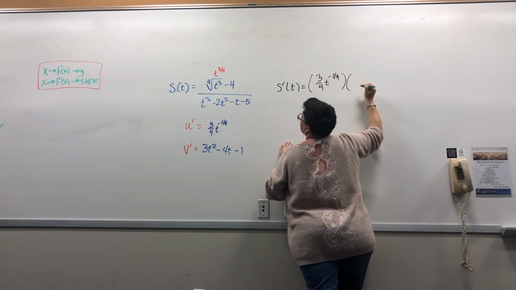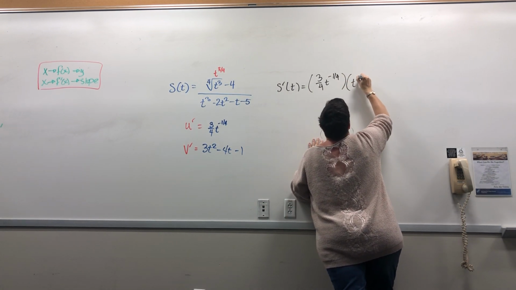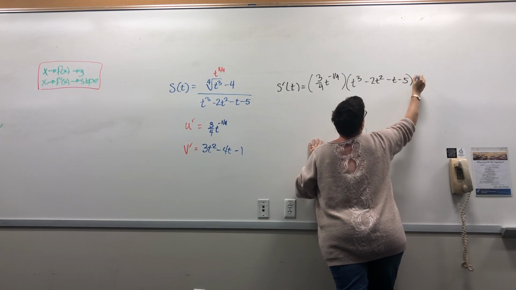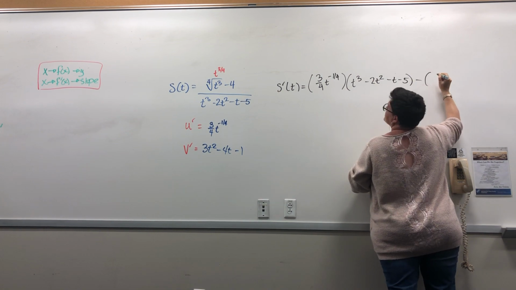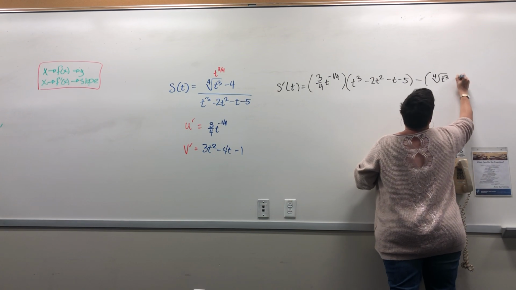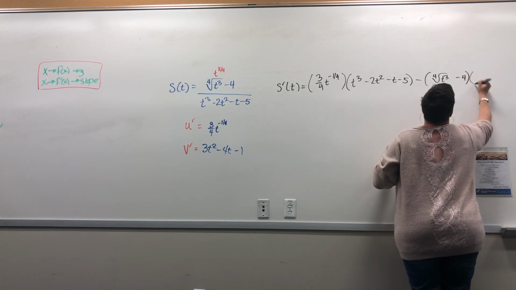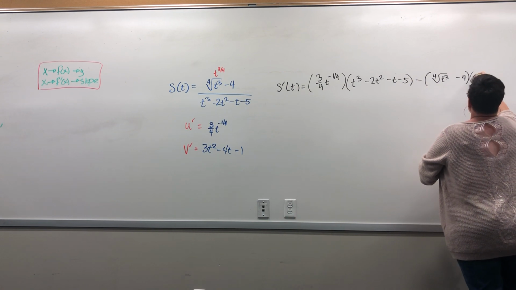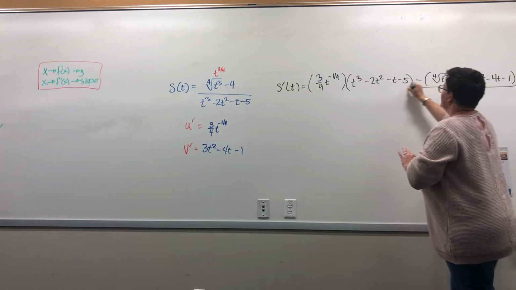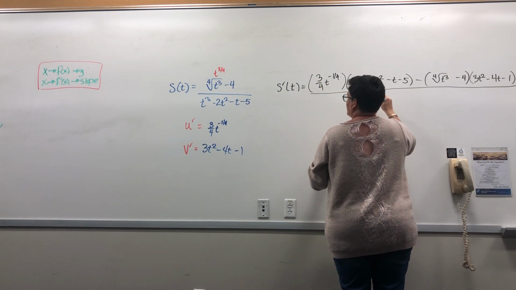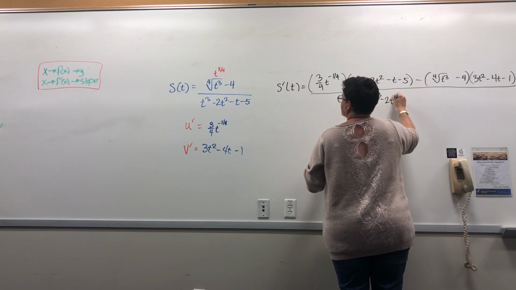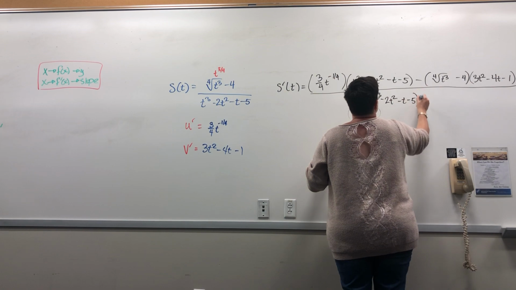That's my u prime times v, which is t cubed minus u, which is 4/3 t cubed minus 4 times v prime, 3t squared minus 4t minus 1, all over v squared, t cubed minus 2t squared minus t minus 1 squared. Done.